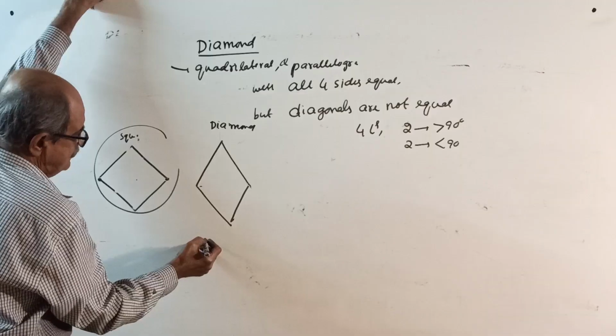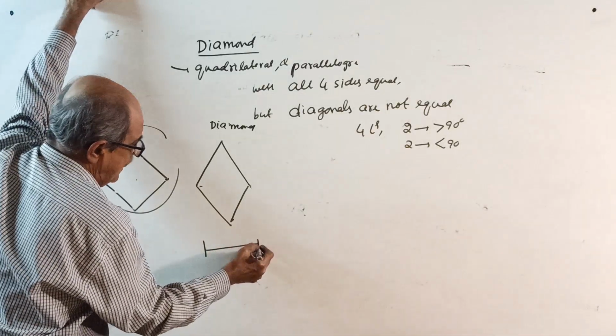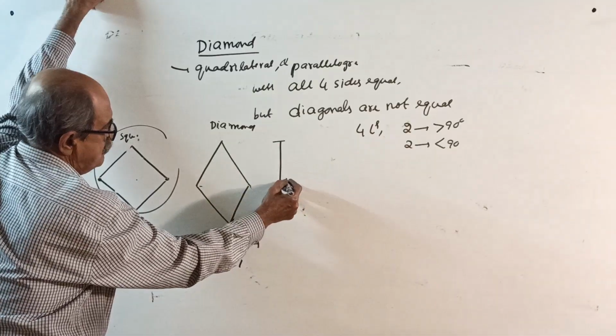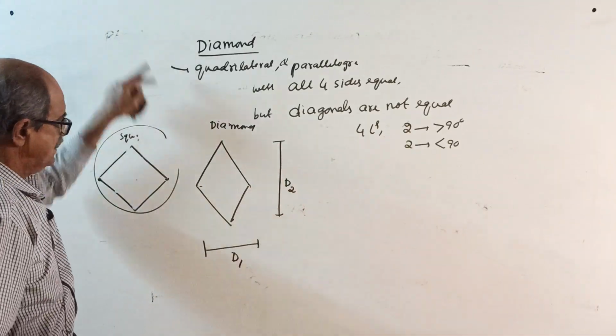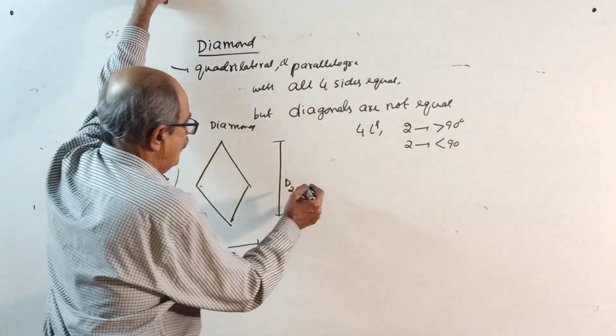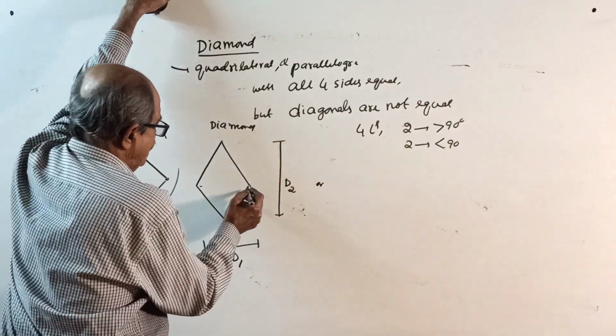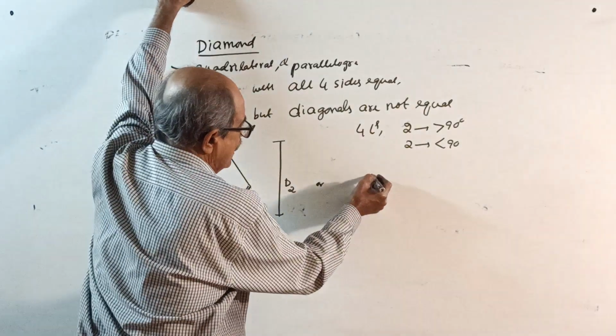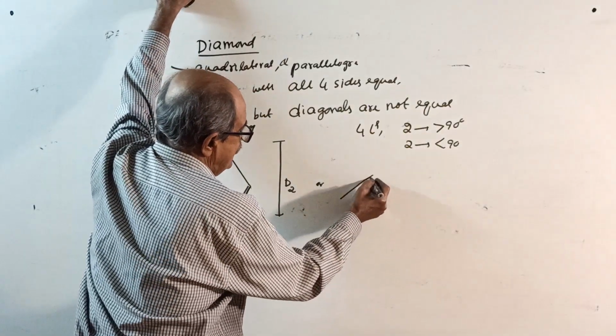Diamond section. See, I will take the horizontal diagonal as D1, vertical diagonal as D2. Horizontal diagonal D1, vertical diagonal D2. Usually diamond means this is bigger, but need not be. Even this also is a diamond, see.